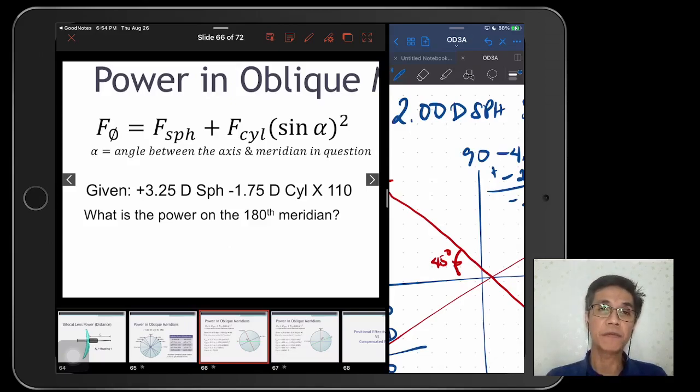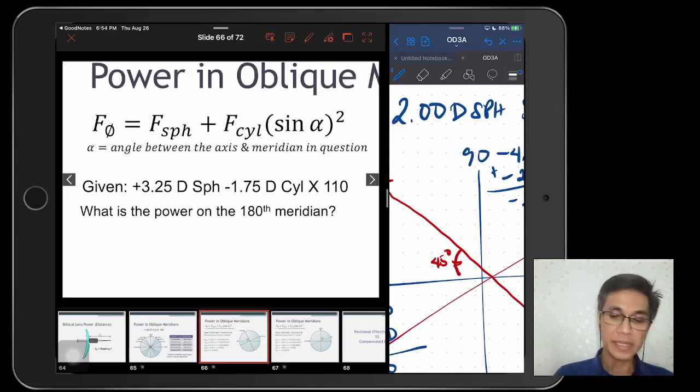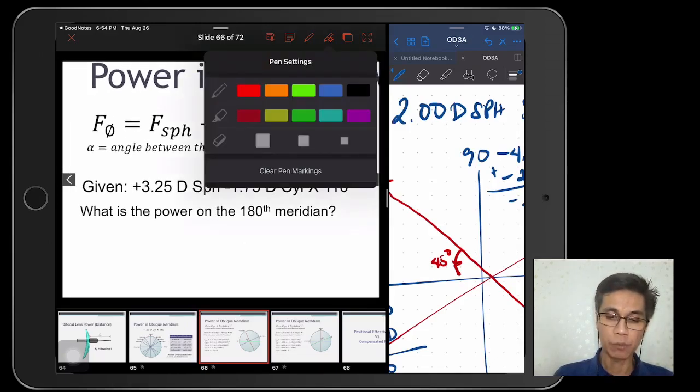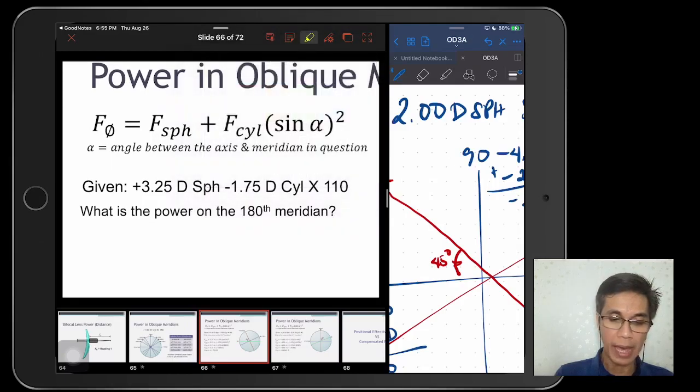Ano yung sine of theta or alpha? That will be the angle between the axis and the meridian in question.